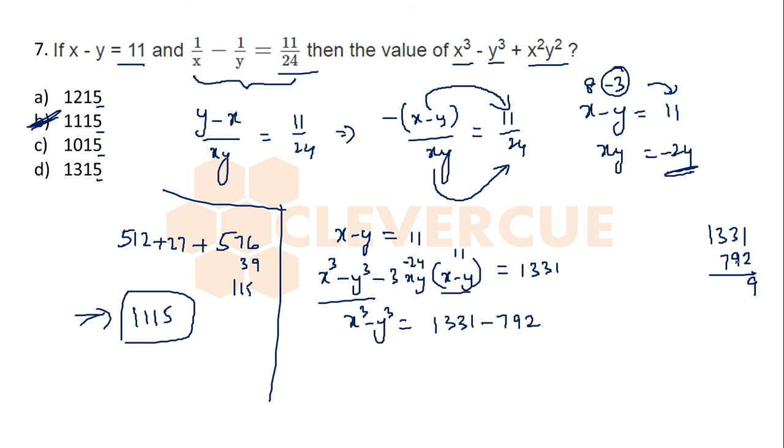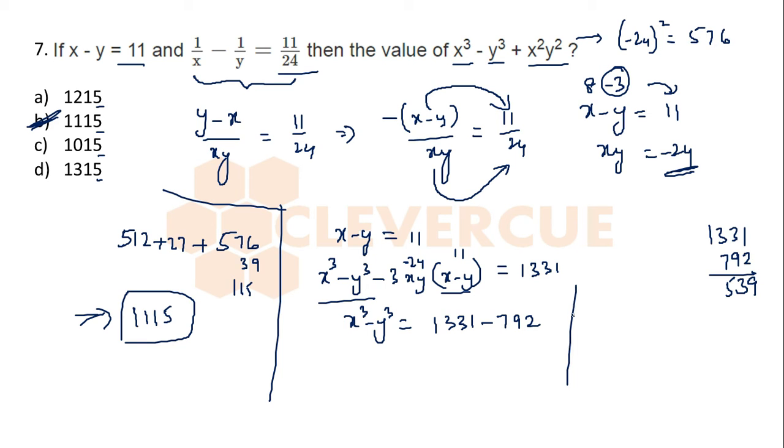Here 2 minus 9, which will be equal to 3, and here 12 minus 7, it will be equal to 5, so 539. Now here you have the value of x square y square as minus 24 square, which is equal to 576.